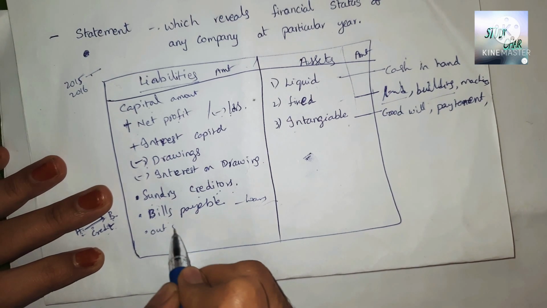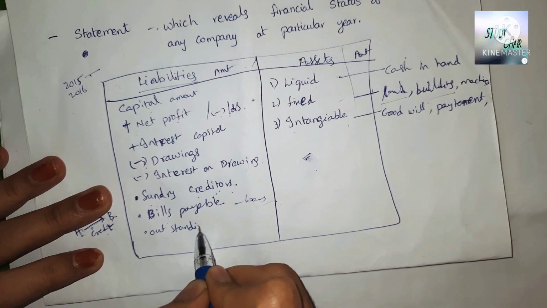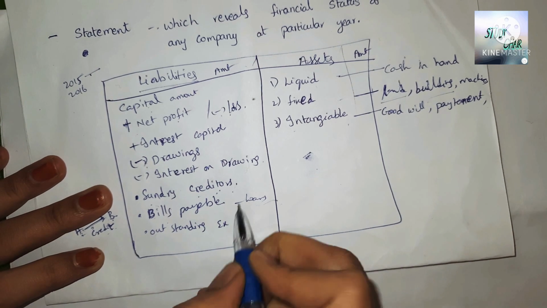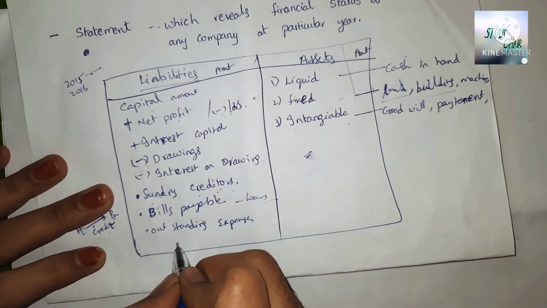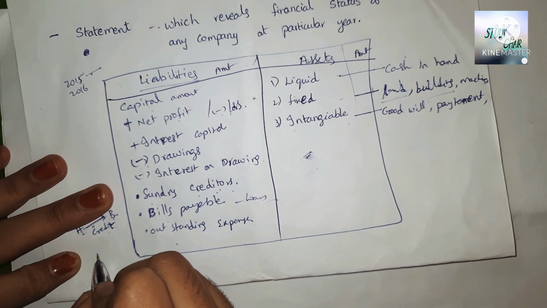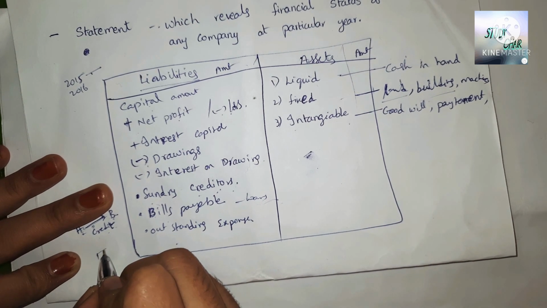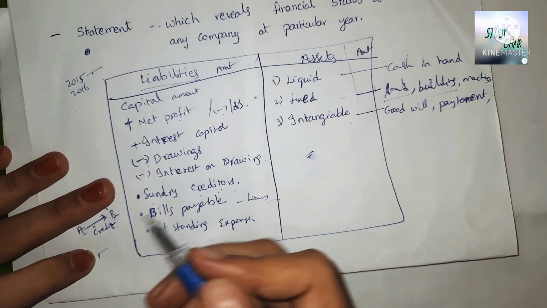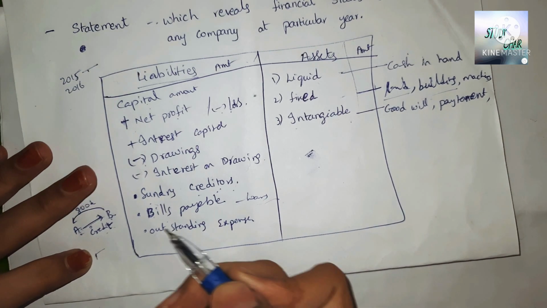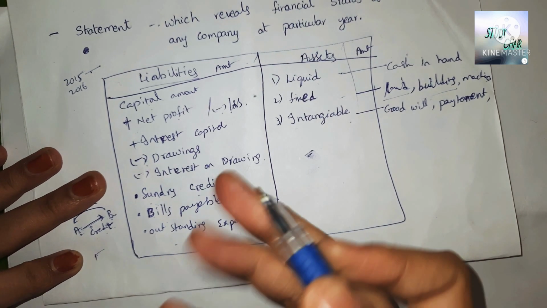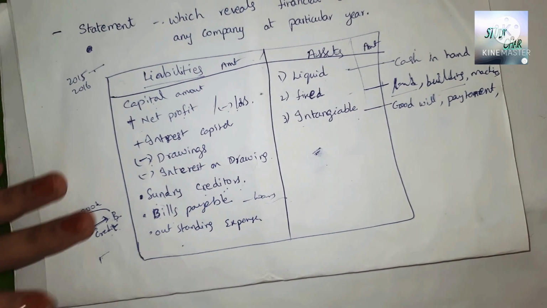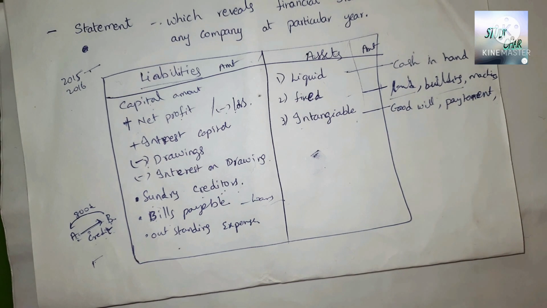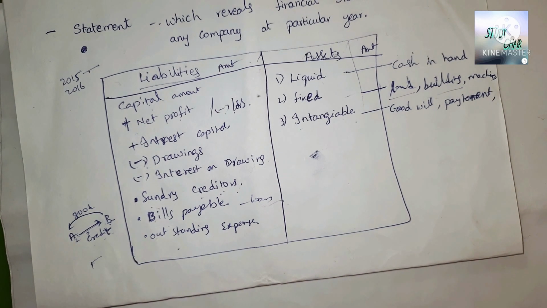Outstanding expenses means expenses which you need to pay in future. For example, if you are in a rented house, you need to pay rent every month. If you didn't pay for 2 months, then you need to pay those 2 months in future. So that is also outstanding expenses.